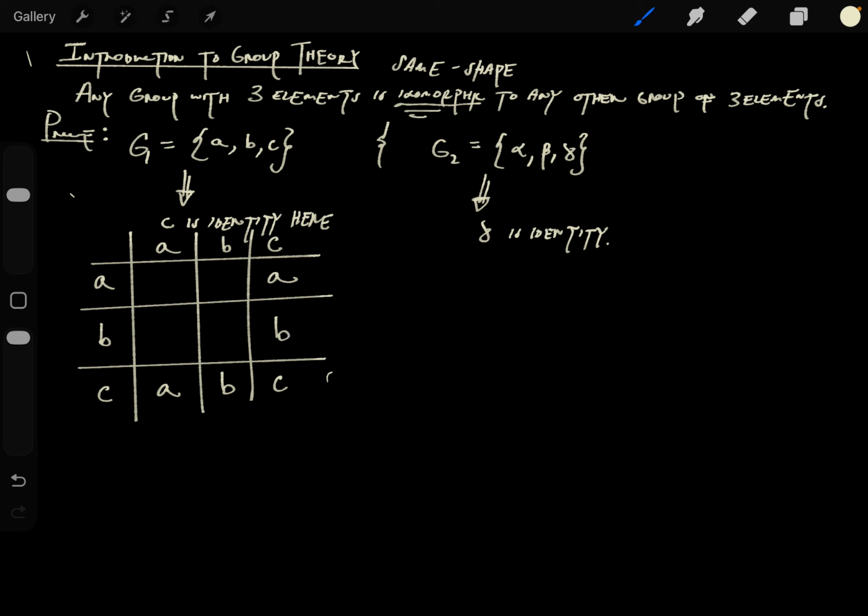And then we also know that every row must contain each element in the set. So A star A now can't be A. A star A could be C; it could be that A is its own inverse.